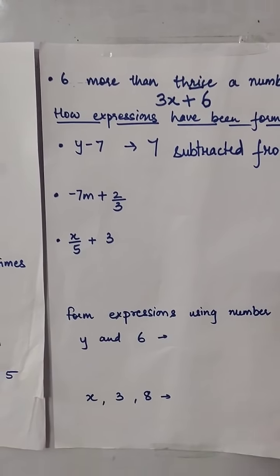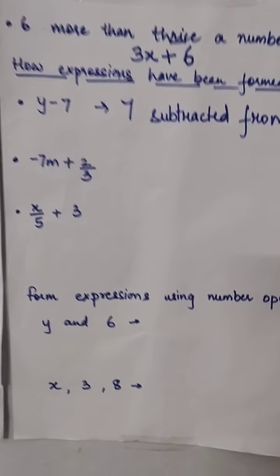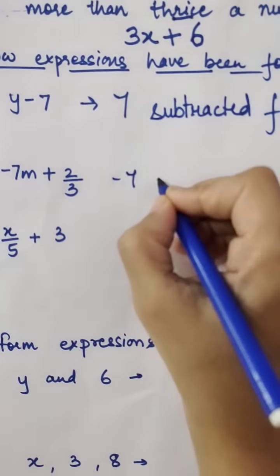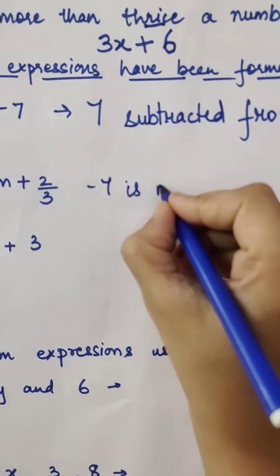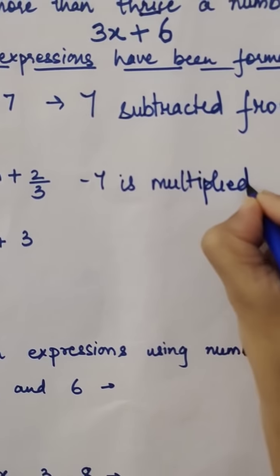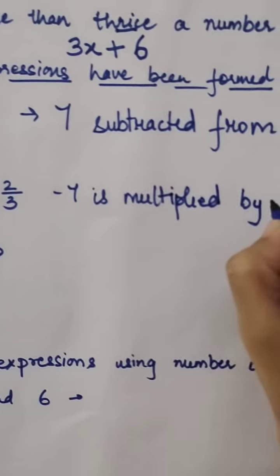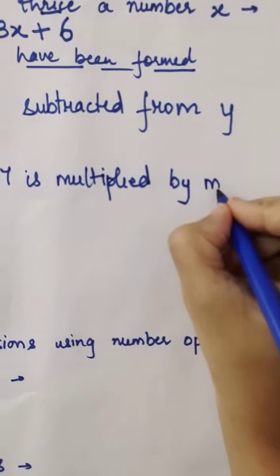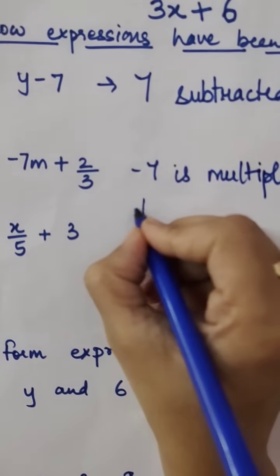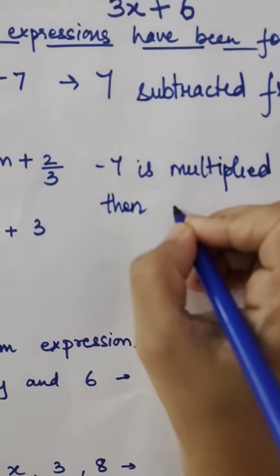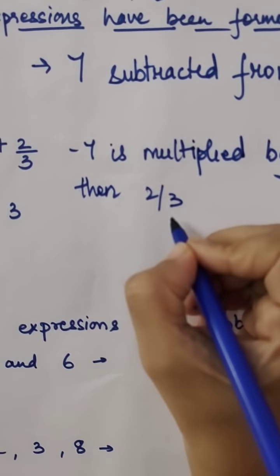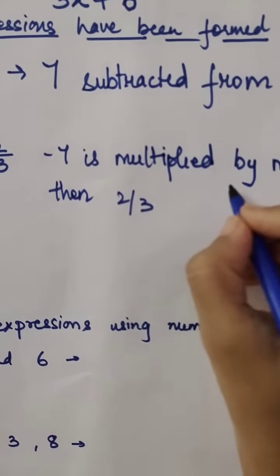So what we can write is minus 7 is multiplied by m, and then 2 by 3 is added to the result.